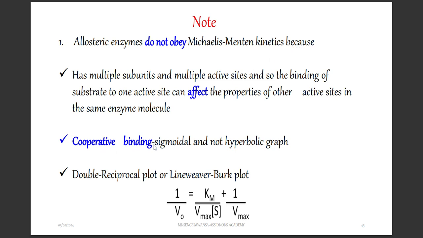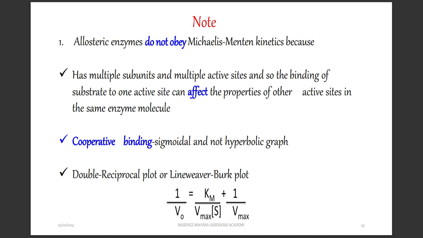Cooperative binding is sigmoidal and not hyperbolic. Okay. Take note of also this. The binding that you are seeing in this one, which we are talking about as the Michaelis-Menten equation, is sigmoidal and not hyperbolic. What do we mean by sigmoidal? I believe we know what we mean by sigmoid.